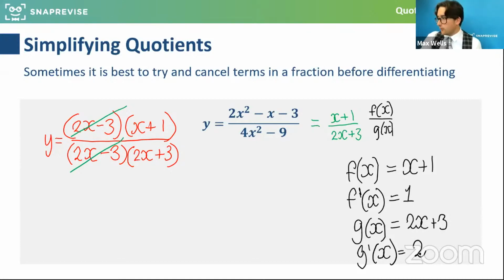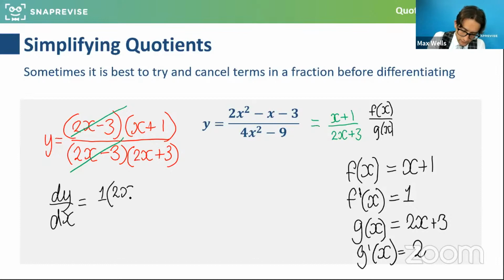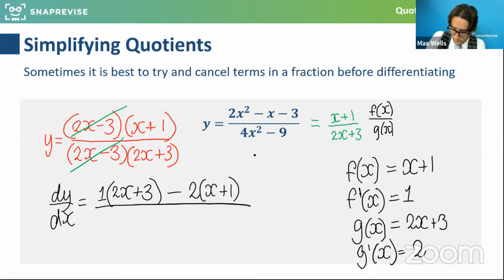Okay, so now what we can do, excellent, is sub the derivatives into the quotient rule. So what we're going to get is dy by dx is f dash of x, which is 1, times g of x, so 1 lot of 2x plus 3, minus the other way round, so 2 times x plus 1, all over the function that was on the bottom, 2x plus 3 squared.